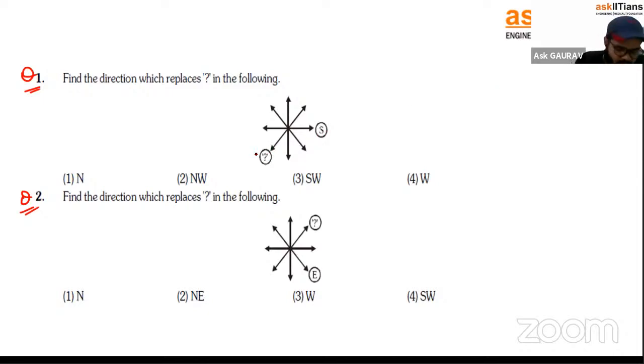What will be this question mark? Do it, guys.